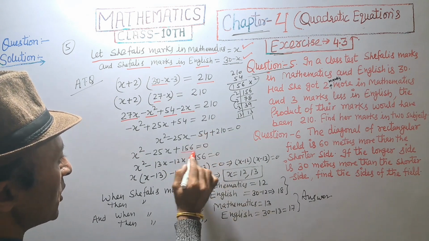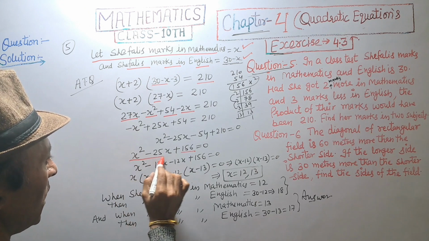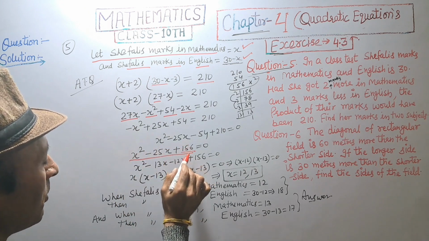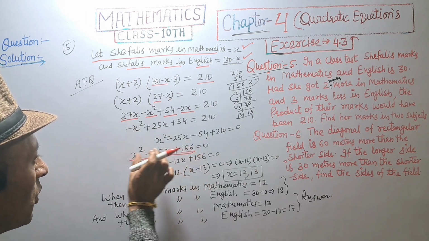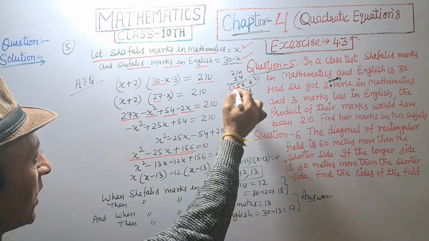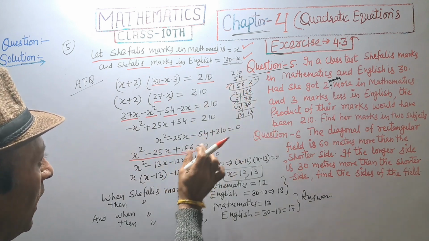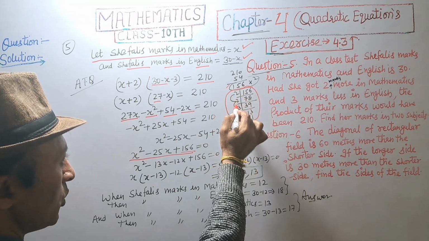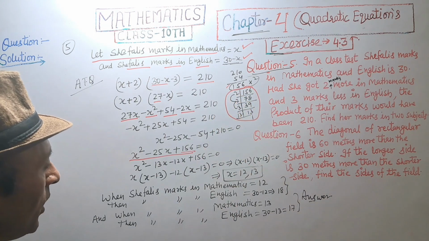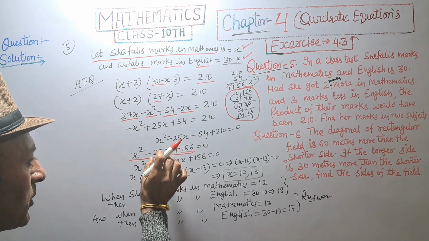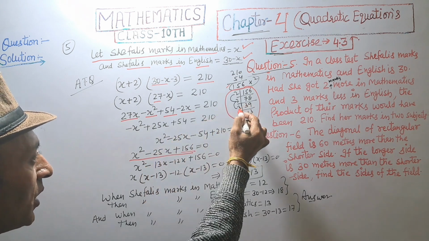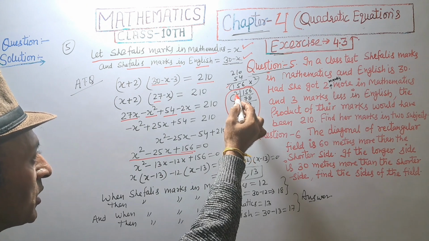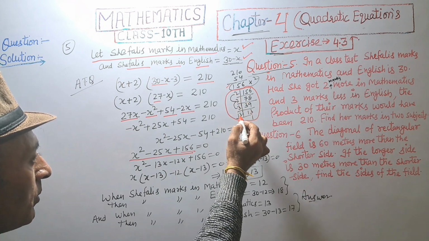210 minus 54 is 156, and it's a quadratic equation. We are splitting by middle term, so product of first and last is 156x square positive, and prime factorization of 156 is 2 into 2 into 3 into 13, and we are splitting minus 25 here.